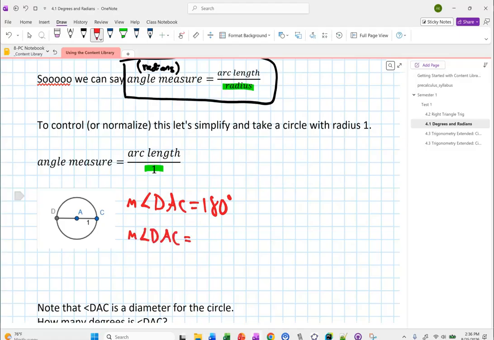And then in radians, since this circle has radius 1, the measure of angle DAC is just going to be the length of this arc DC. I don't have the third letter there. How much of the circumference of the circle is that arc DC? Half, right?